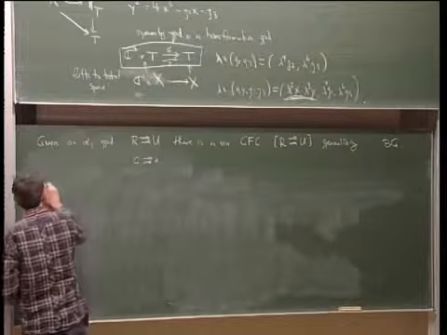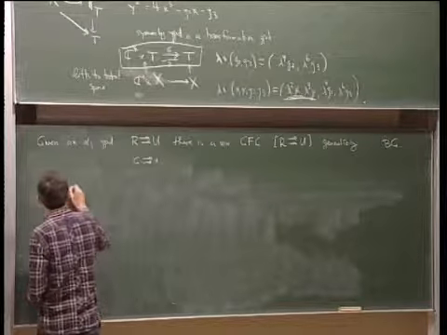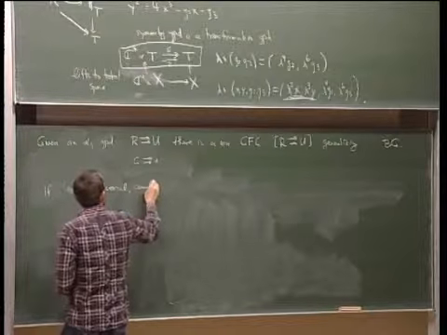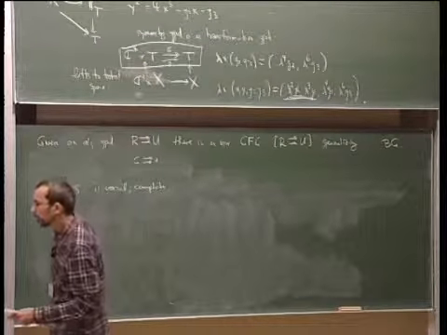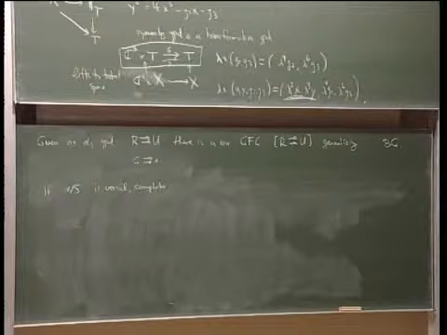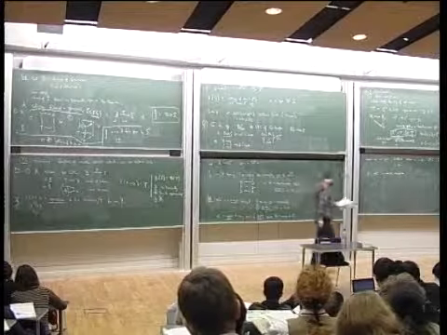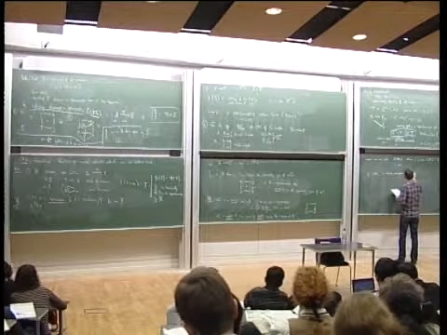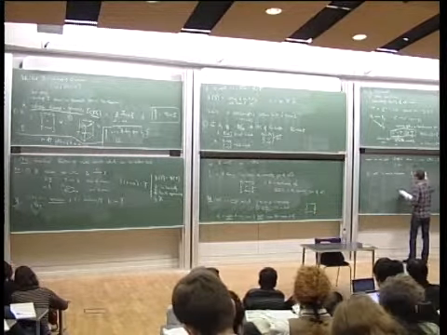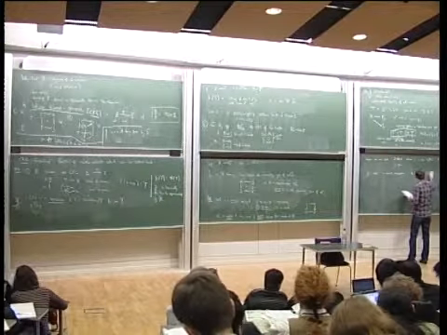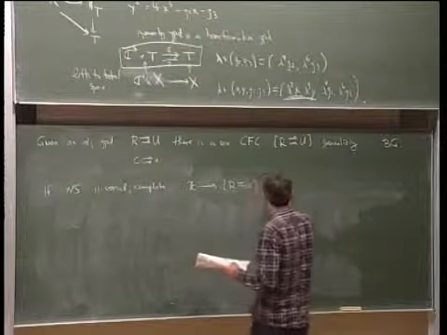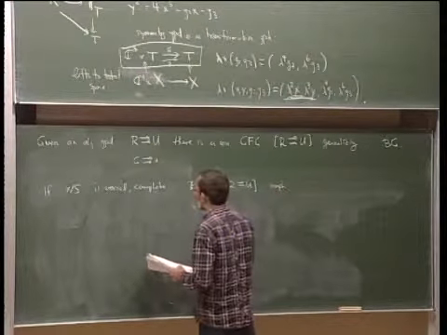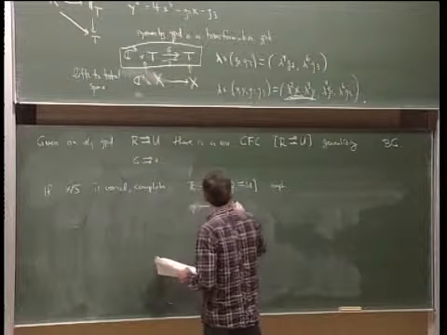And if this family is versal and complete in this sense, then I can construct a morphism which is just sending some family y.